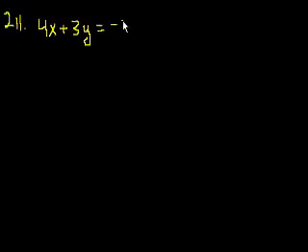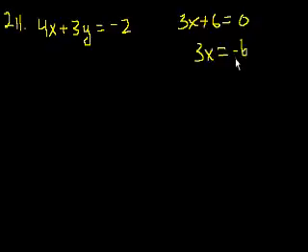Problem 211. If 4x plus 3y is equal to minus 2, and 3x plus 6 is equal to 0, what is the value of y? Well, this is a quick one. 3x would be equal to minus 6, so x is equal to minus 2.